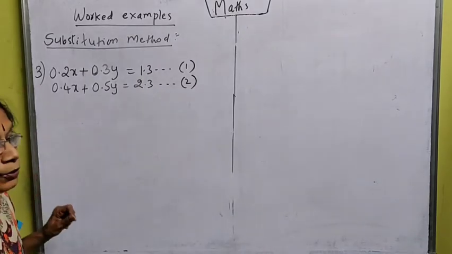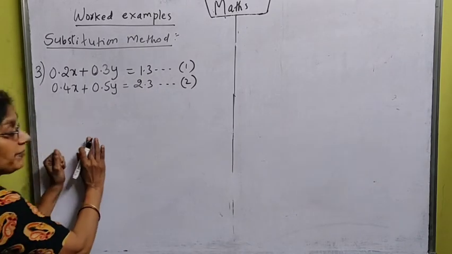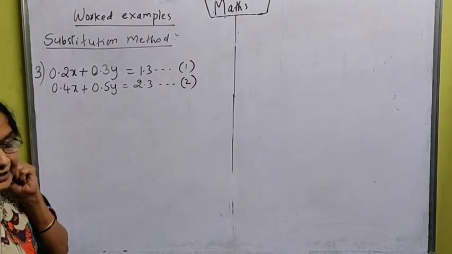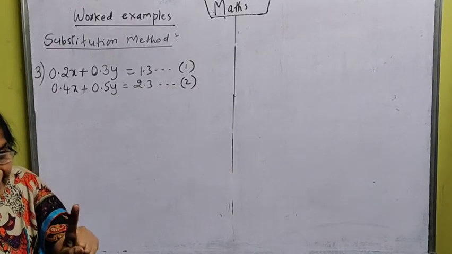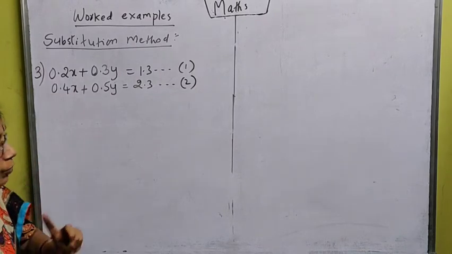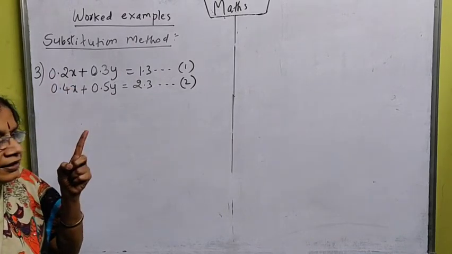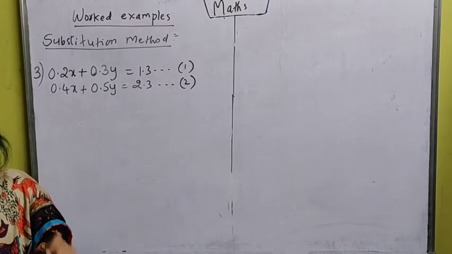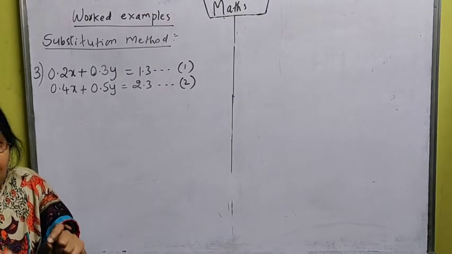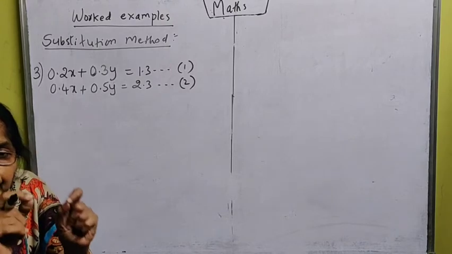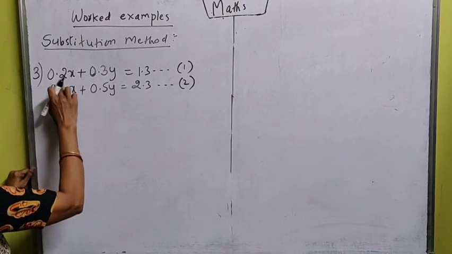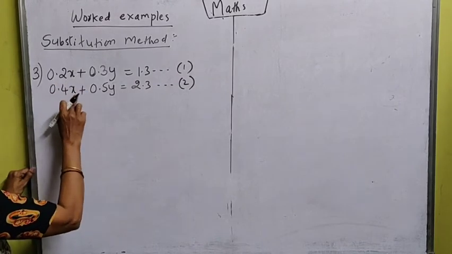Yesterday I told you x should be kept on the left hand side and y should be taken to the right hand side. That was one advice I gave you. The second advice I gave you: select the equation in which the coefficient of x is the lower, least number. So let us see. 0.2x, 0.4x.